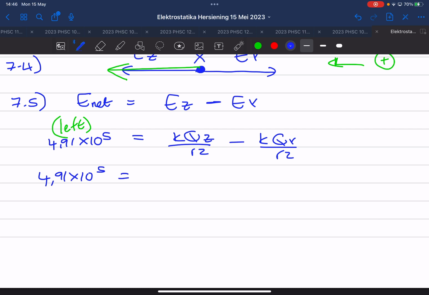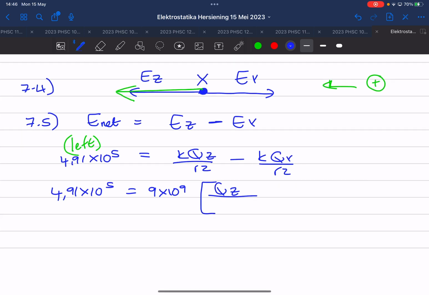Okay, K is a constant. I'm going to take that out. The charge of Z, I don't know. That's the question. Ek moet hom gaan uitfigure. Die afstand tussen wat?